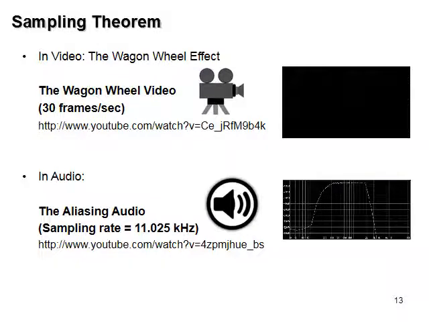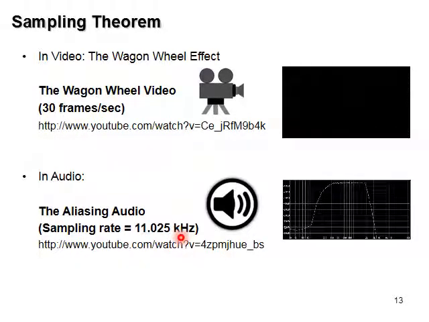In that example we will see the effect of undersampling, or storing a smaller number of samples, in audio. The audio that we are going to hear has a sampling rate of 11.025 kilohertz.